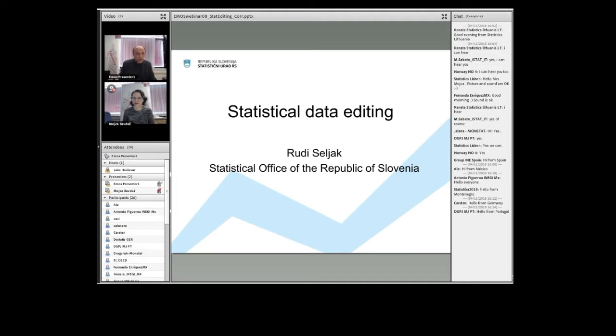So I will just try to make a quick general overview of this complex area, and I will try mostly to focus on the practical issues that are connected with statistical data editing. Perhaps I will not go so deep into some theoretical discussions. I will just mention them, but the goal is to make a more practical presentation.